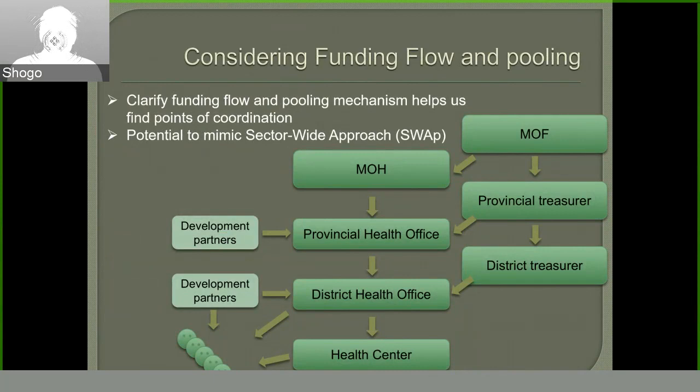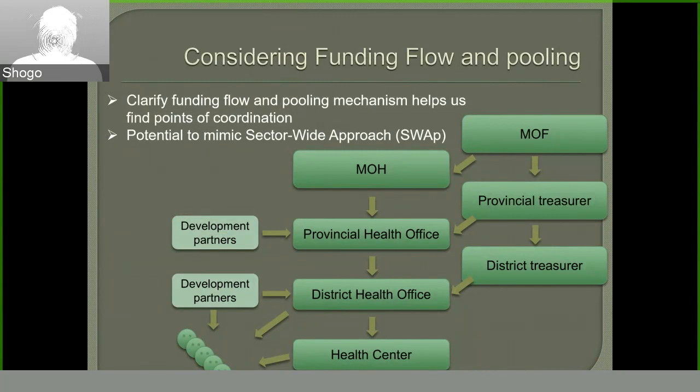So we looked at how the funding flows in this country, and found an entry point where we can integrate, or at least align, the funding mechanisms.